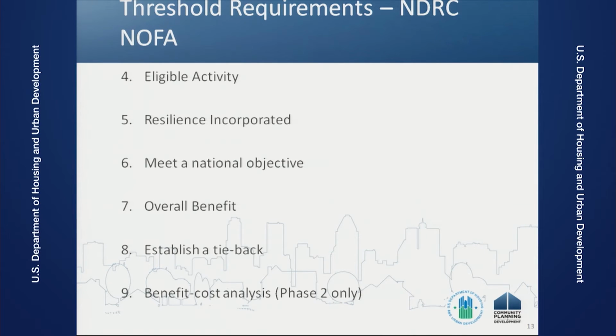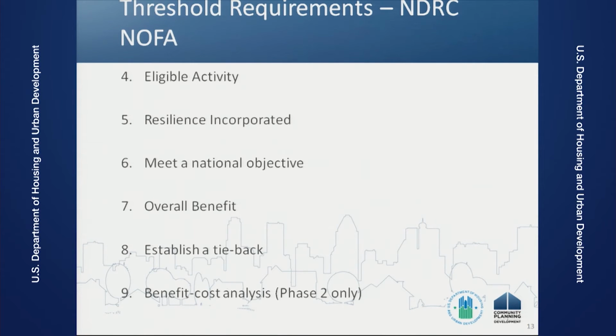The seventh threshold requirement is the overall benefit threshold. To satisfy this threshold, applicants must demonstrate that at least 50% of the funds requested in an application go towards activities that will provide sufficient benefit to low and moderate income persons in the form of services, area benefits, housing, or jobs to meet the national objective of benefit to low and moderate income persons.